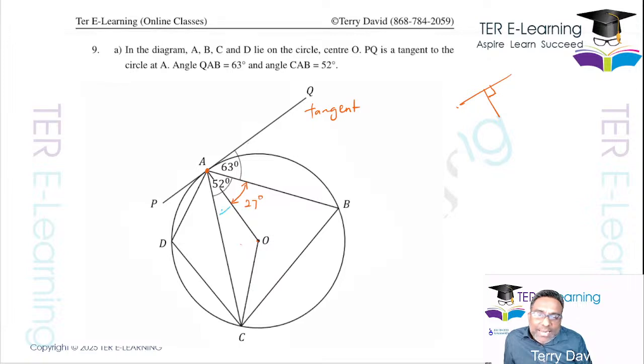I can work out this angle here. Could you tell me what is this angle here?